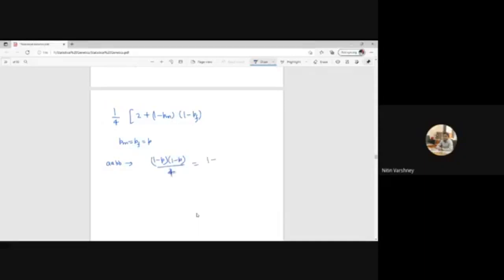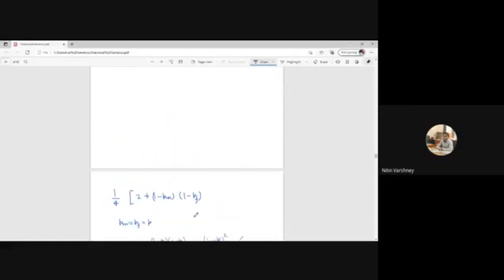So this will be 1 minus P whole square divided by 4. Okay, got it? And second one is this type. This will be 1 by 4, 1 minus P whole square, and for this will be 1 by 4 into 2 plus 1 minus P whole square. So this can be asked in the exam directly.